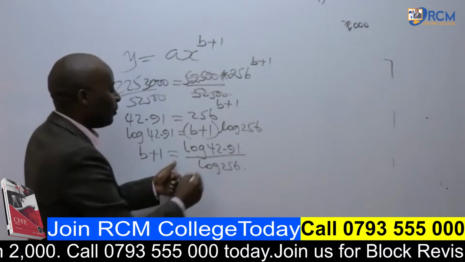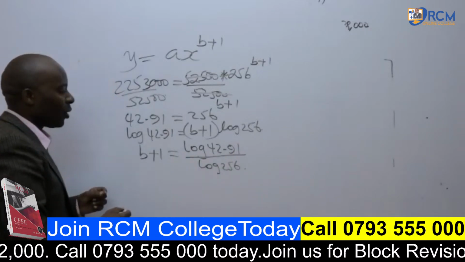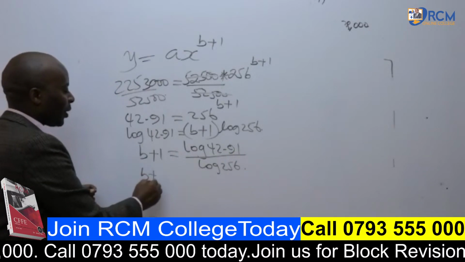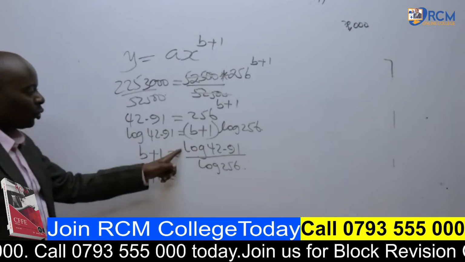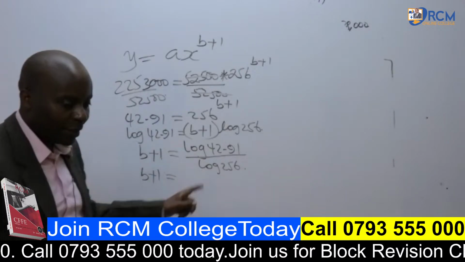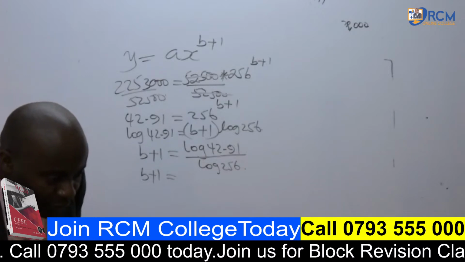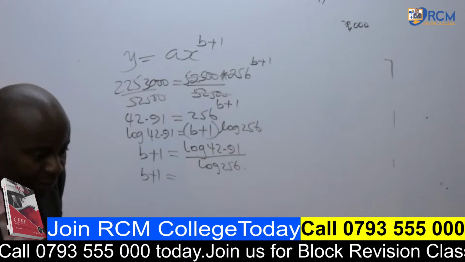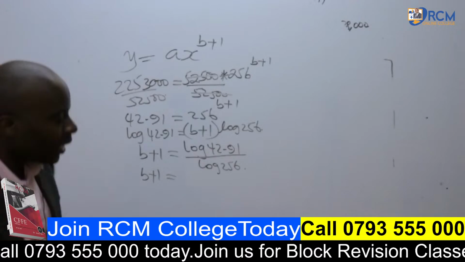Could you kindly give me this answer? So give me this b plus 1 will be equal to what, somebody? Log 42.91 divided by this log. So somebody now is getting 0.6779. Thank you very much.